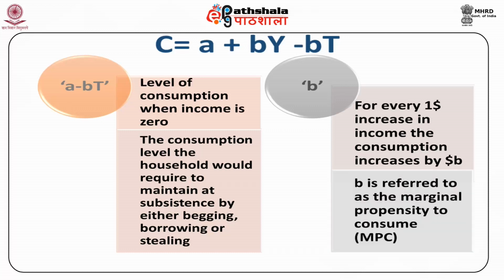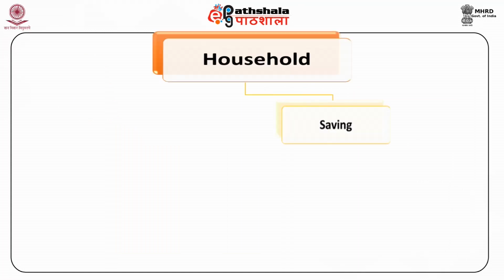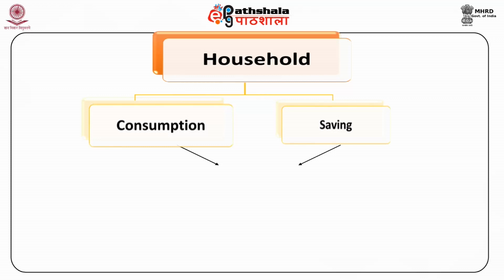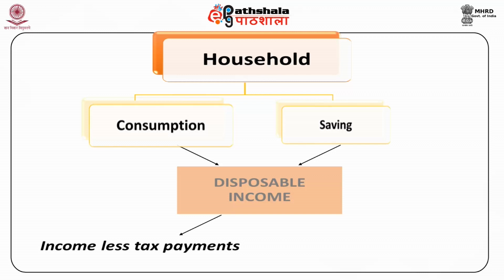B is referred to as the marginal propensity to consume, or MPC. It should also be noted that for the household, consumption and saving decisions are based on disposable income. The disposable income is income less tax payments, that is, the income that is left for final disposal.